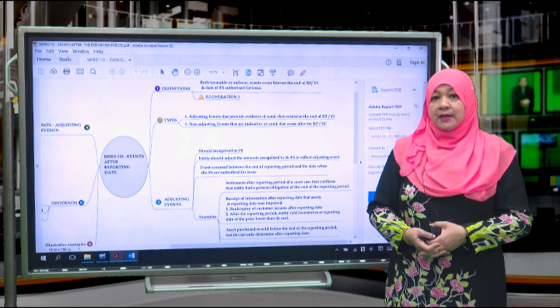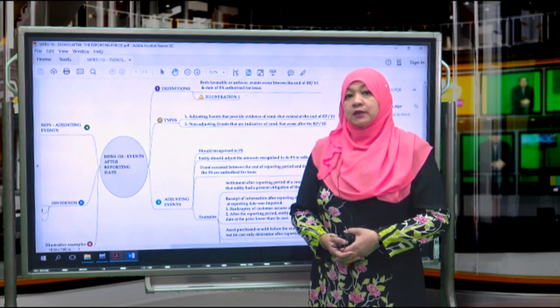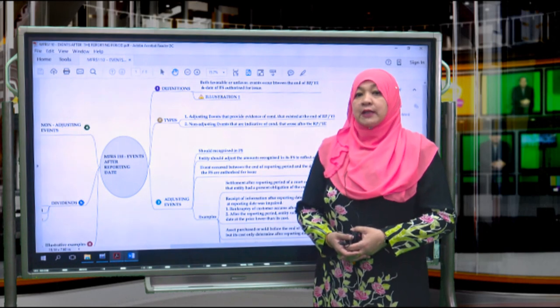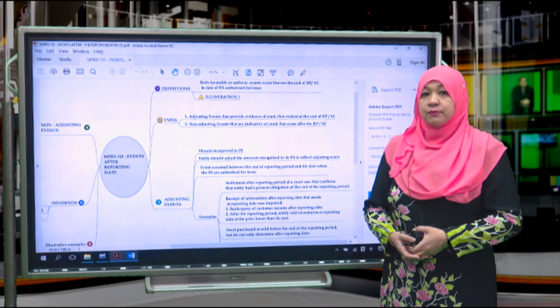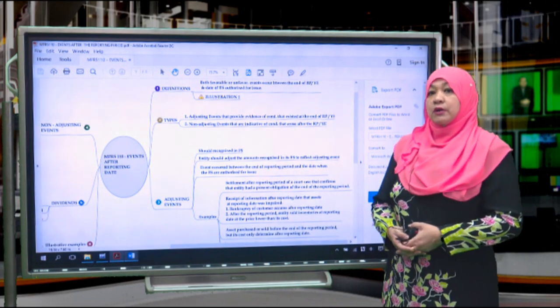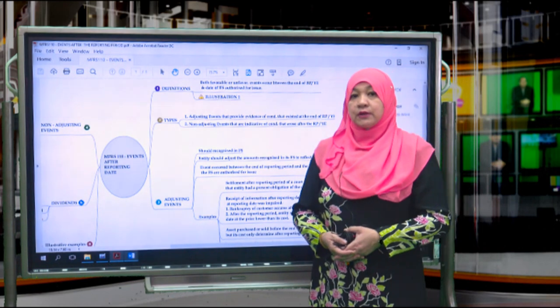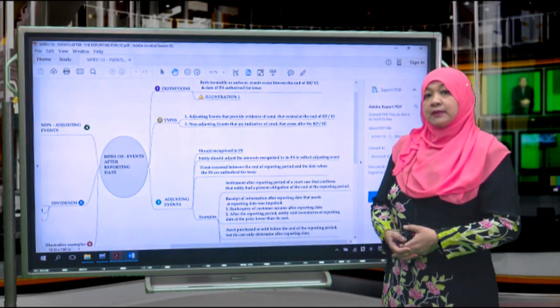So within those 3 months, from 31st December 2015 up to 31st March 2016, there may be events that occur that are supposed to be in 2015 but are only known in 2016.